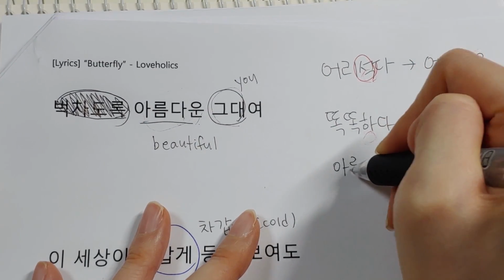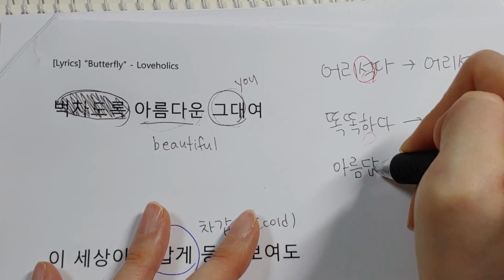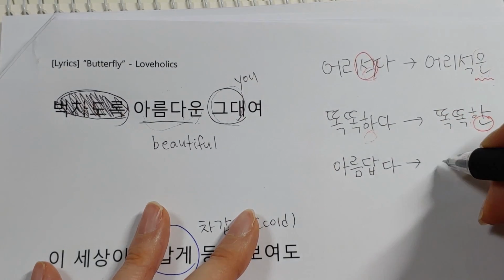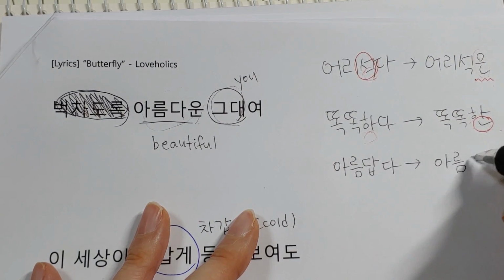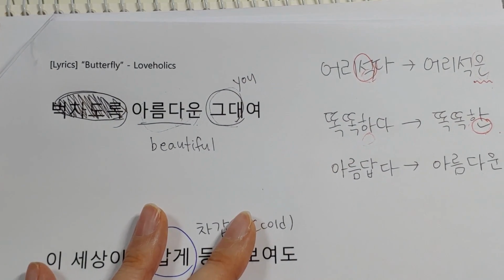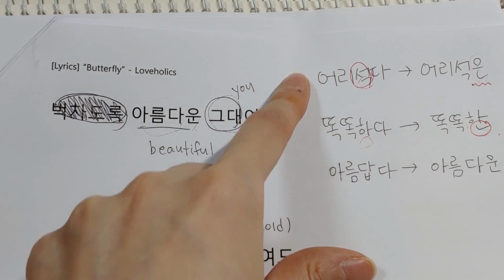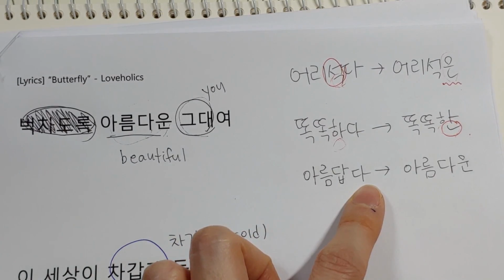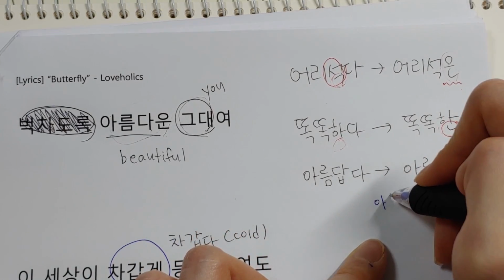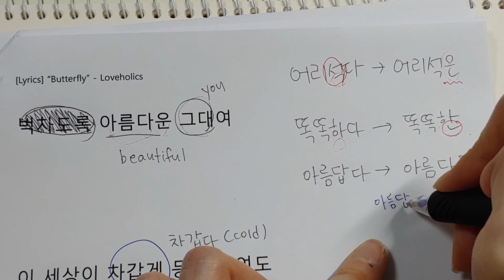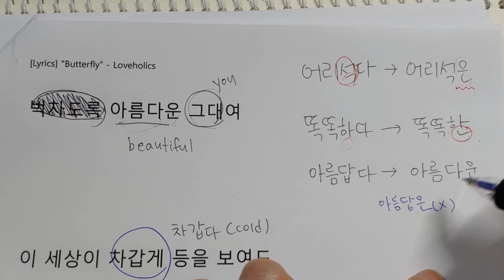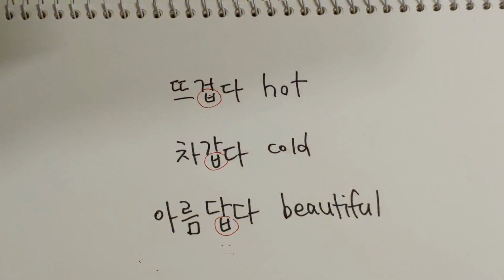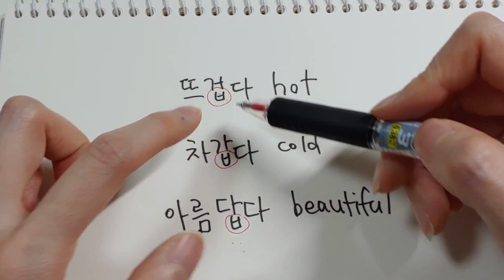However, when it comes to 아름답다, this adjective, it seems that it's not following the above rule. So according to this rule, 아름답다 should be 아름답은, but how come it's 아름다운? And it's because of the 비읍 받침.